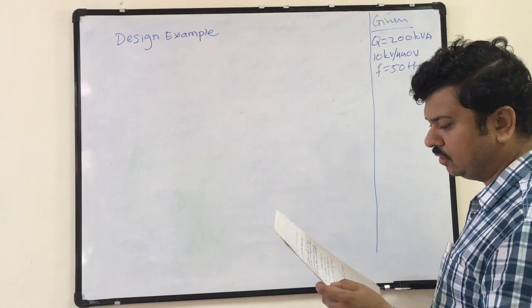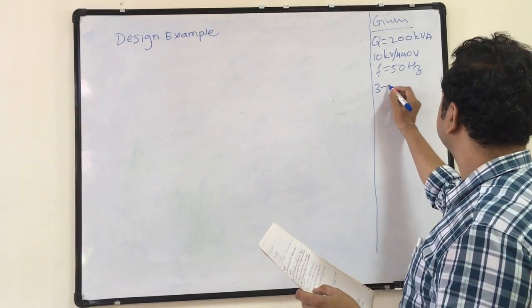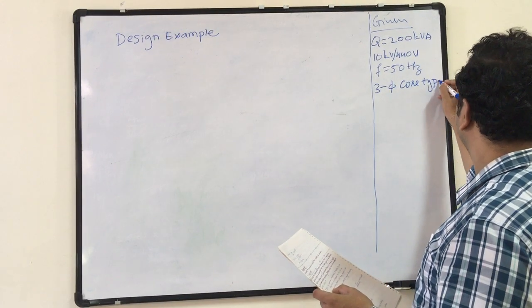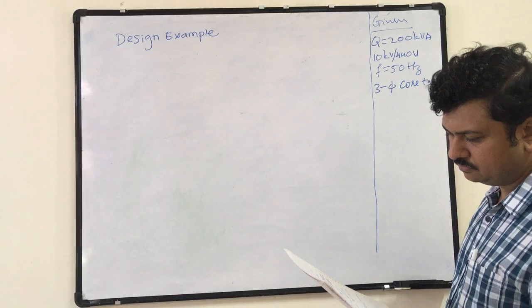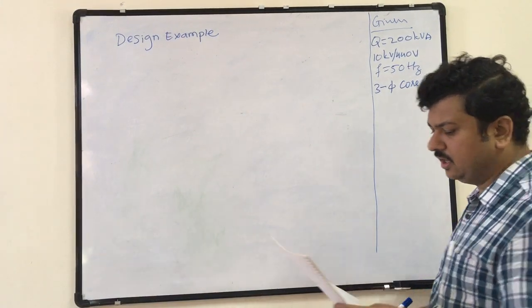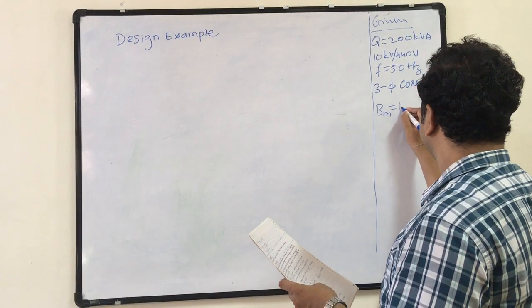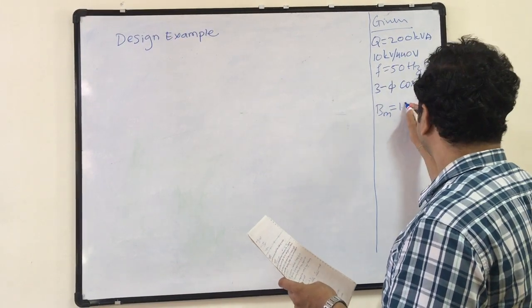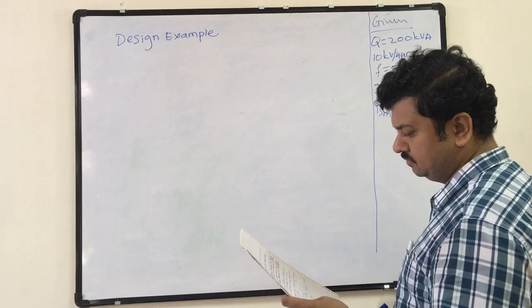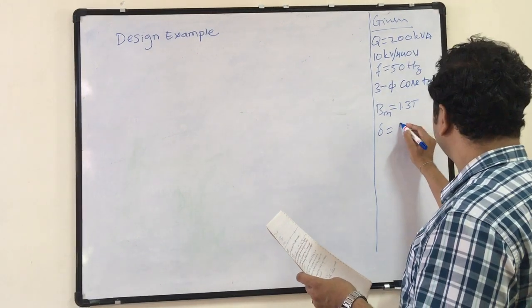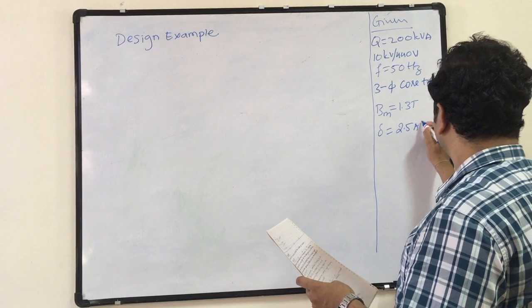Then it is a 3-phase core type transformer. The design data given is maximum flux density Bm is 1.3 Tesla. Current density delta is 2.5 ampere per mm square.